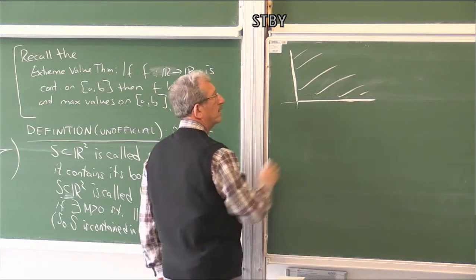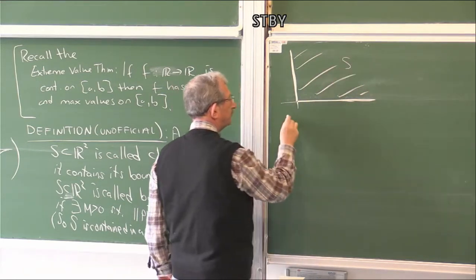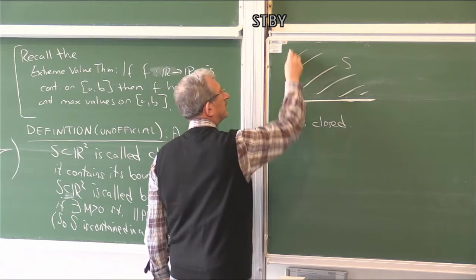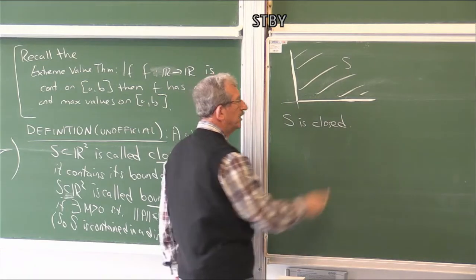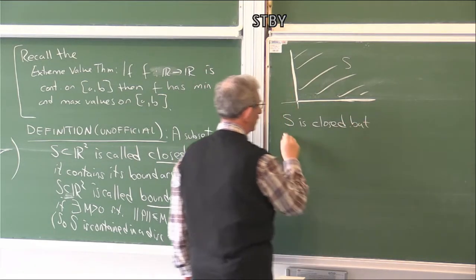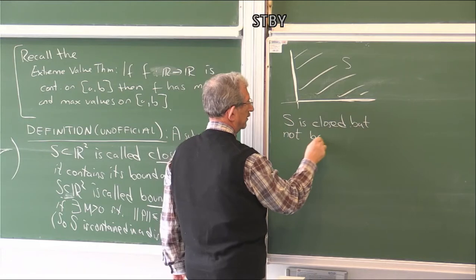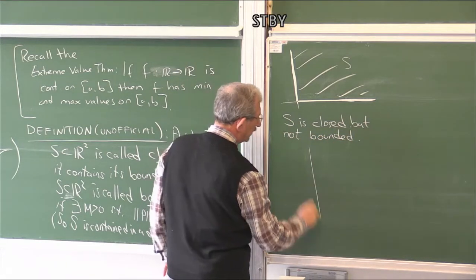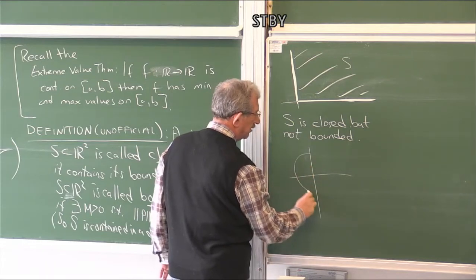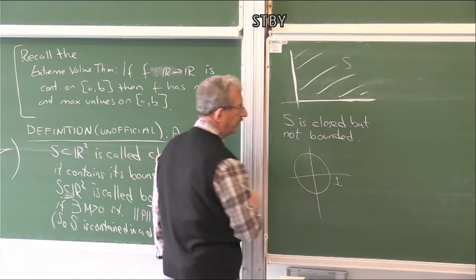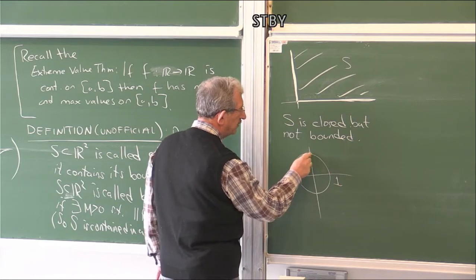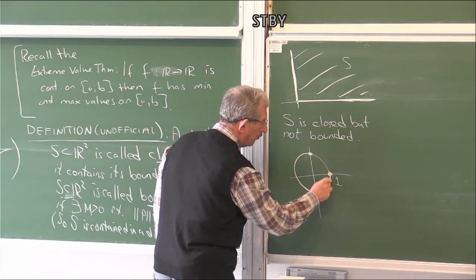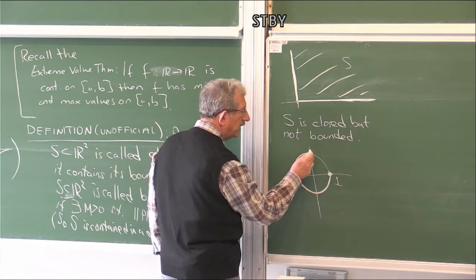Okay. Now, this set is closed because it contains its boundaries, but not bounded. Or, a simpler example, consider a disk of radius 1, but say you include all points on the circumference, but not these.